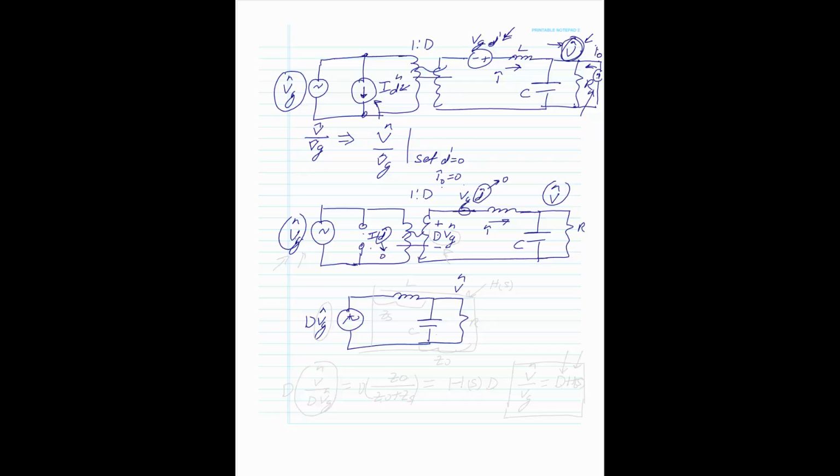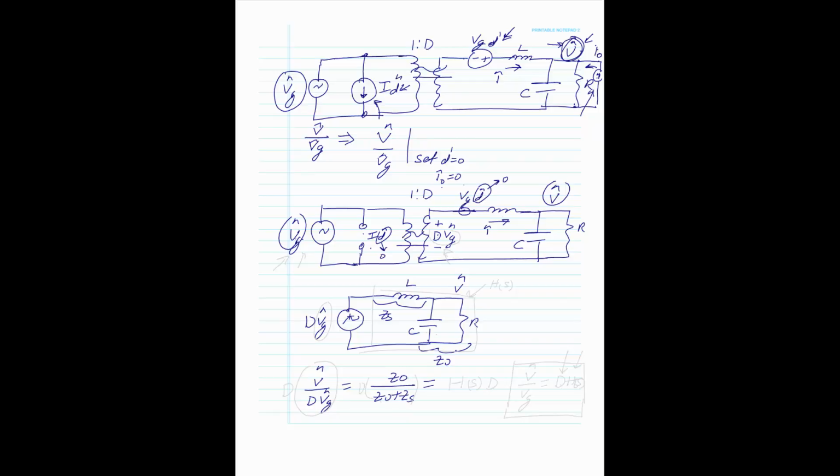Now that's easy to do because we have just an impedance divider. If we call this ZO and this is ZS, the output to the input voltage, DVG hat, is going to equal ZO over ZO plus ZS.